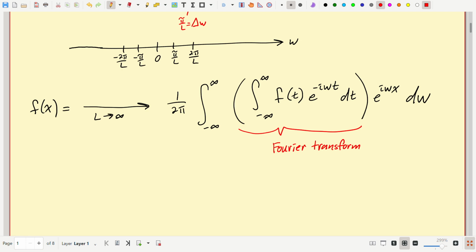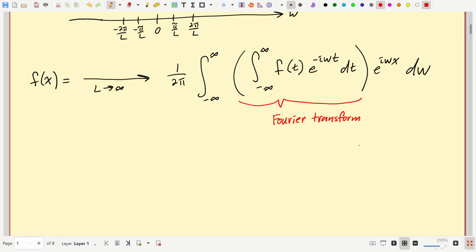The question is, should I put the 1 over 2 pi in the Fourier transform, or should I put the 1 over 2 pi in the thing that undoes the Fourier transform? And I guess Stein chose to put 1 over square root of 2 pi in both of them. Okay. So where to put the stupid 2 pi?